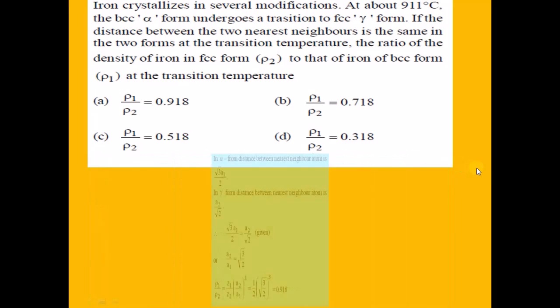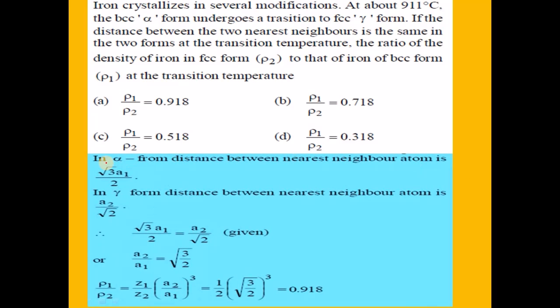So for this, we have the alpha form for iron. The distance is given as root 3 by 2 a. So in the alpha form this is the distance, and in the gamma form the distance is a by root 2. Why? Because this is FCC.